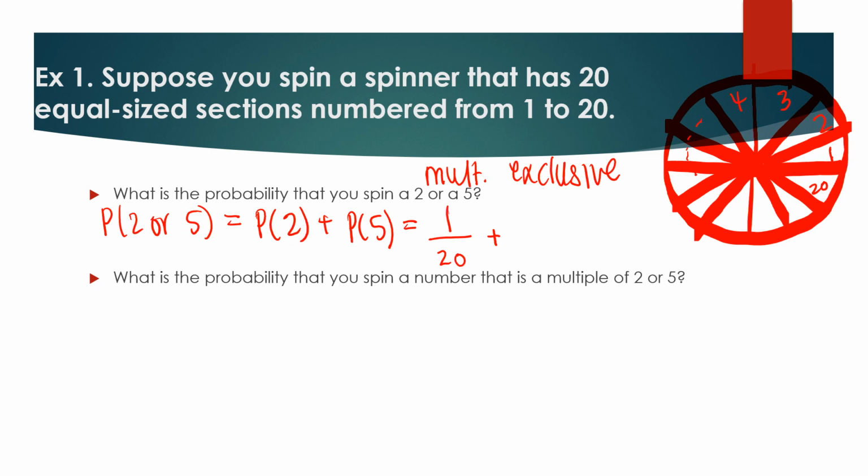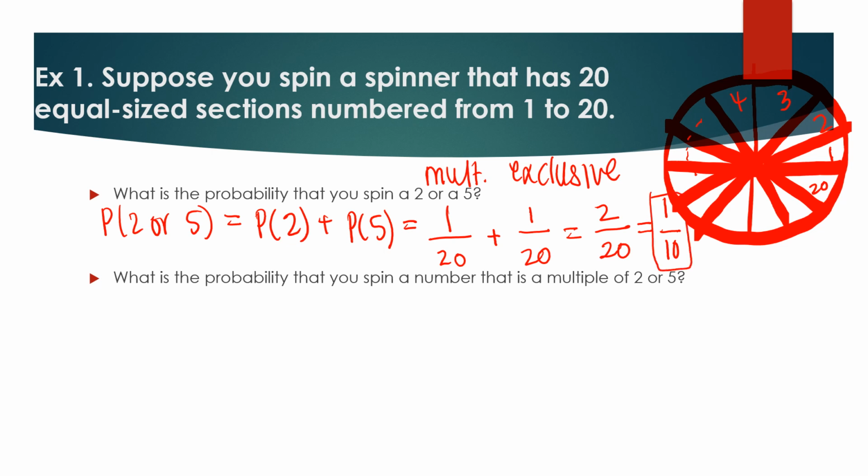And probability of 5, we only have 1, 5 where we could land on, so that's going to be a 1. And then we have 20 different spaces. So in total, when we add those together, you get 2 out of 20. And then you're going to go ahead and divide these. So you get 1 divided by 10 would be our final answer.